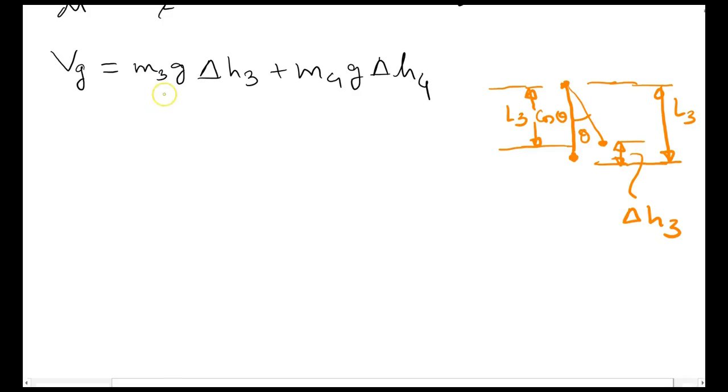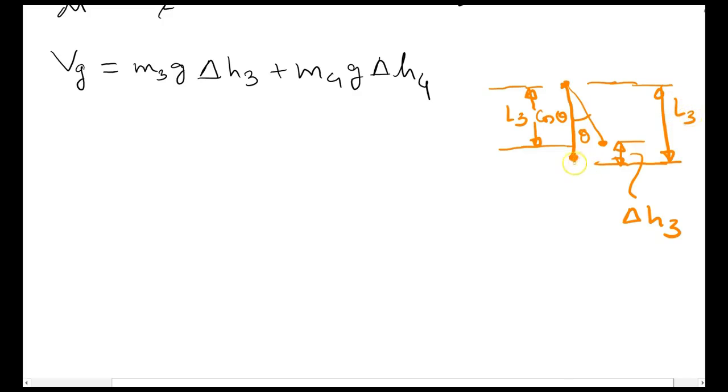Since M3 and M4, which means the point mass and piston, have linear kinetic energy, we have gravitational potential energy for these two components, which is M3 g del H3 plus M4 g del H4. Let's consider M3. You have already seen that the distance from the center of rotation to the center of the point mass is L3, which is given to you.